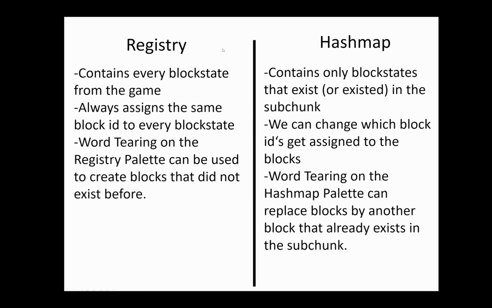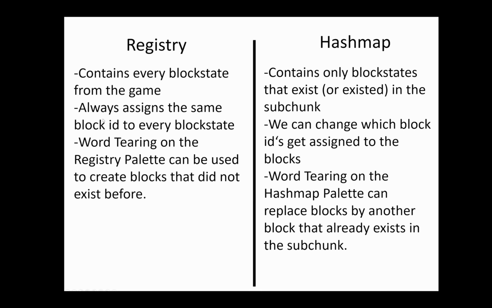Now we'll explain the differences between the registry and the Hashmap palette, because the registry palette contains every block state from the game, essentially. So it always assigns the same block ID to every single block state that exists.